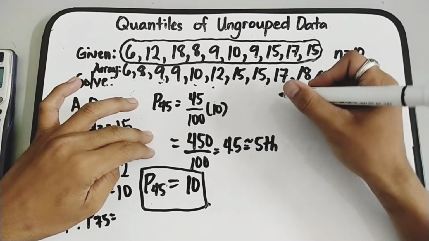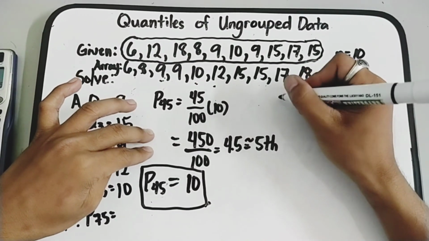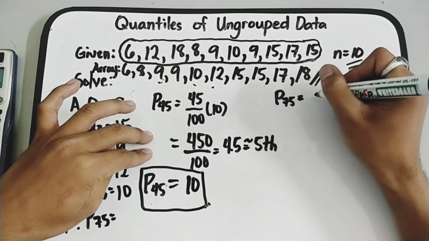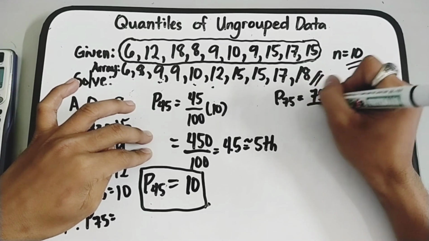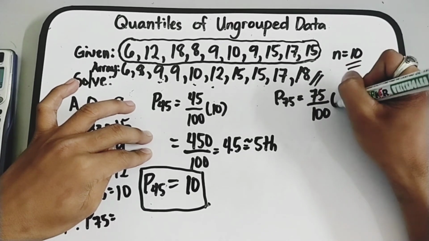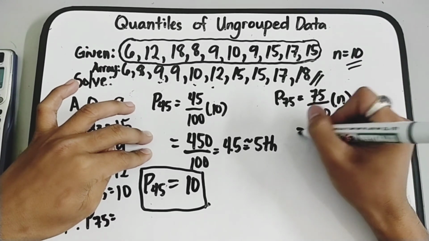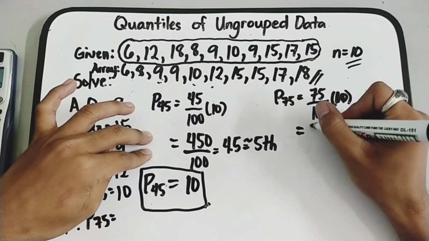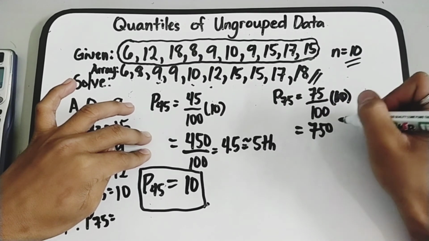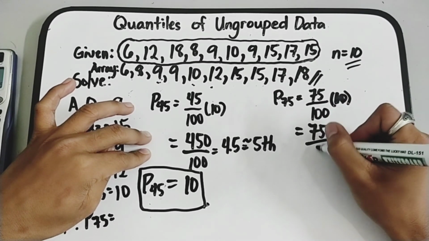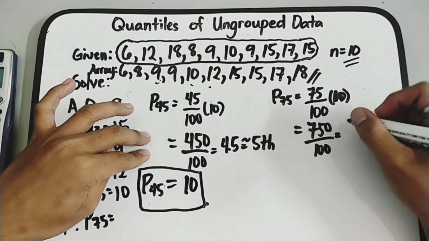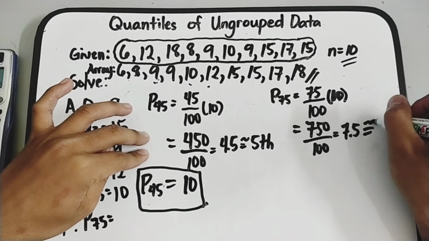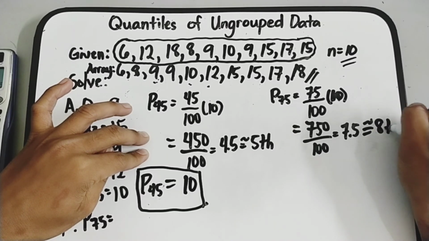Next, hanapin natin yung P75. Wherein, 75 all over 100 times 10, where 10 is our n. 750 all over 100. So, it is equal to 7.5 or congruent sa ating hahanapin na score na 8.